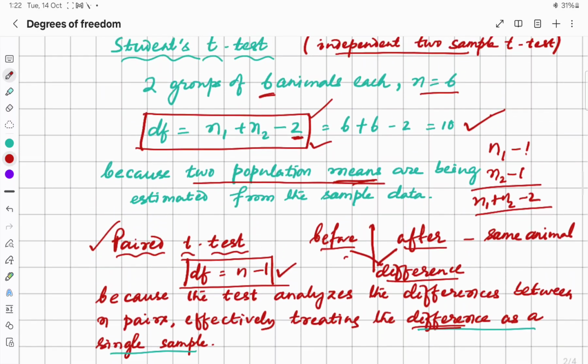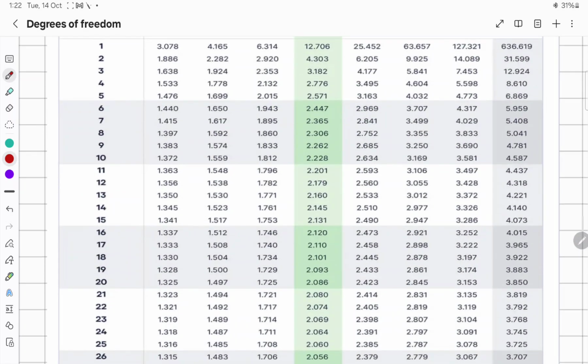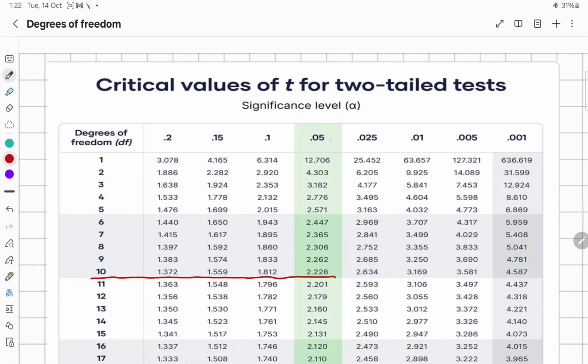Suppose in this example we have shown that the degree of freedom is 10. So we will go for degree of freedom 10, and at this degree of freedom 10, the minimum level of significance, P, should be less than 0.05. So here alpha is equal to 0.05.